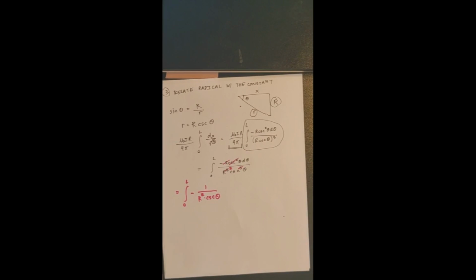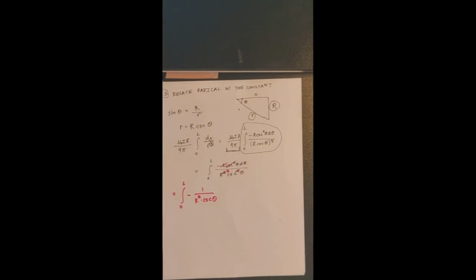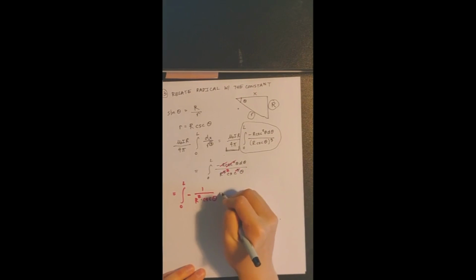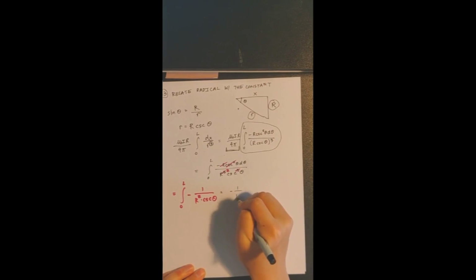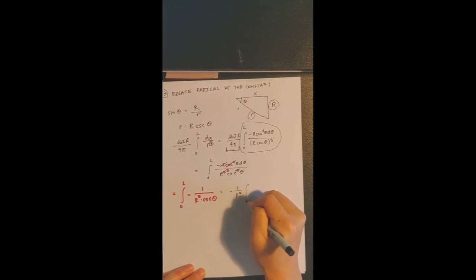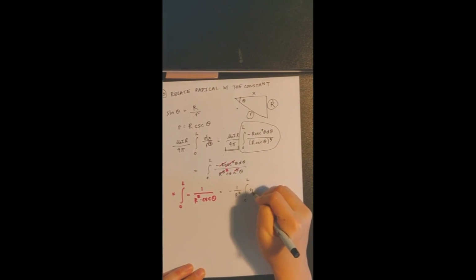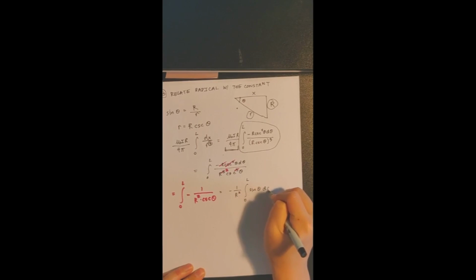And if you guys remember what I said before, capital R is just a constant value. So that means we don't need to integrate this. We can just bring this out, because that's not important. So I can just simplify it to negative 1 over R squared, 0 to L, sine theta d theta.